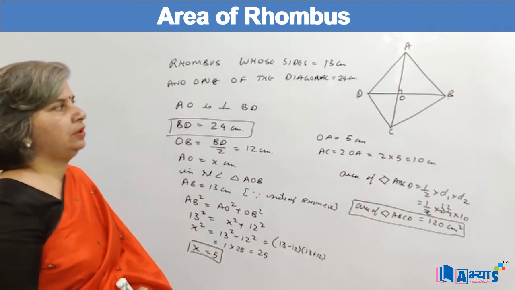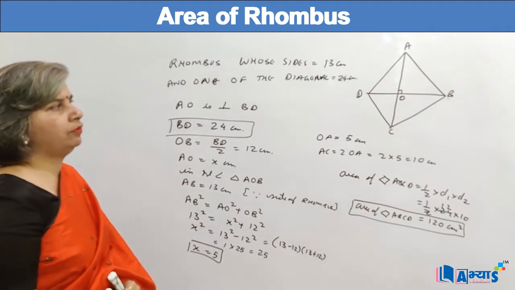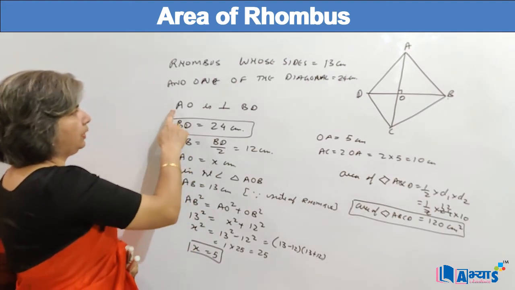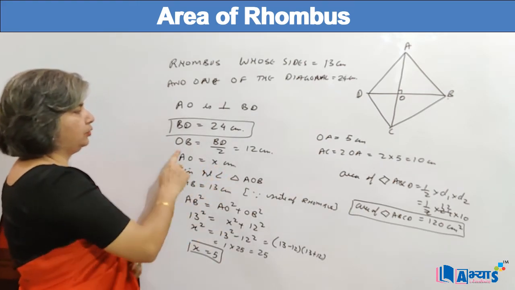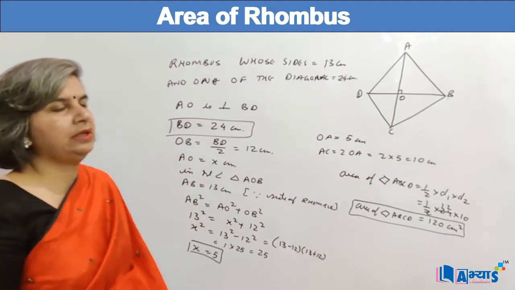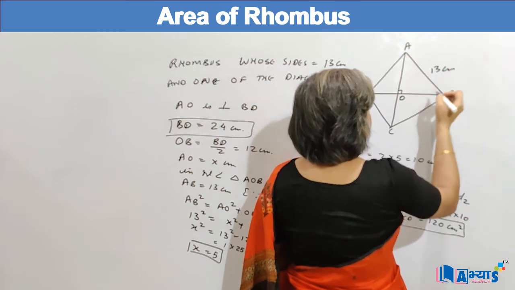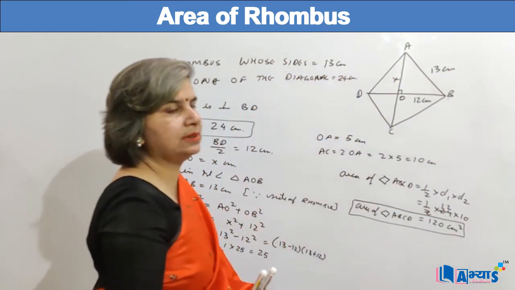That means AO is perpendicular to BD, AO is half of AC and OB is half of BD. I assumed AO as X and OB as BD upon 2, that is 12 centimeter. We were given that AB is equal to 13 centimeter because it is the side of a rhombus.